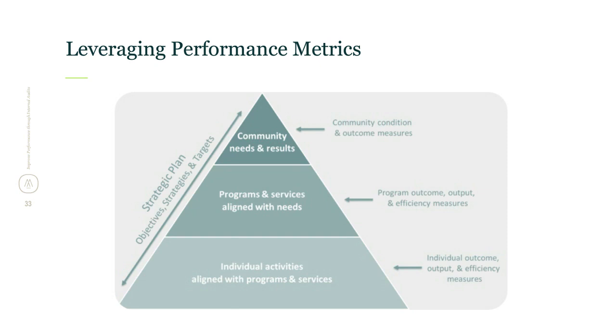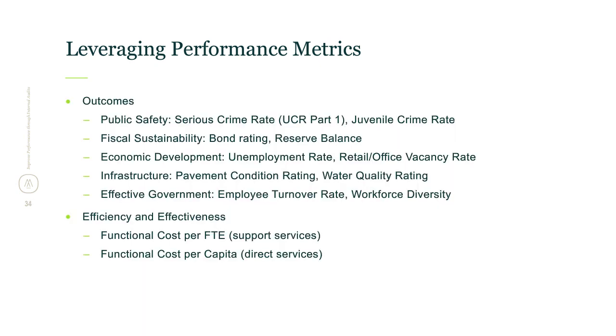And then you're going to get down into your departmental programmatic level, so 3 tiers. And I'm going to focus us in on the connection between the top 2 tiers. And that is, you mentioned outcomes before.